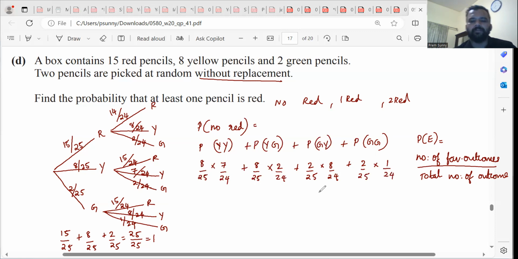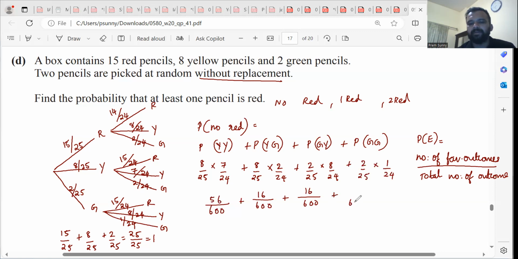Now 25 into 24, when you put this in the calculator, will give me 600. 8 into 7 is 56. Plus again 25 into 24 is 600, 8 into 2 is 16. Plus 600, 8 into 2 is 16.